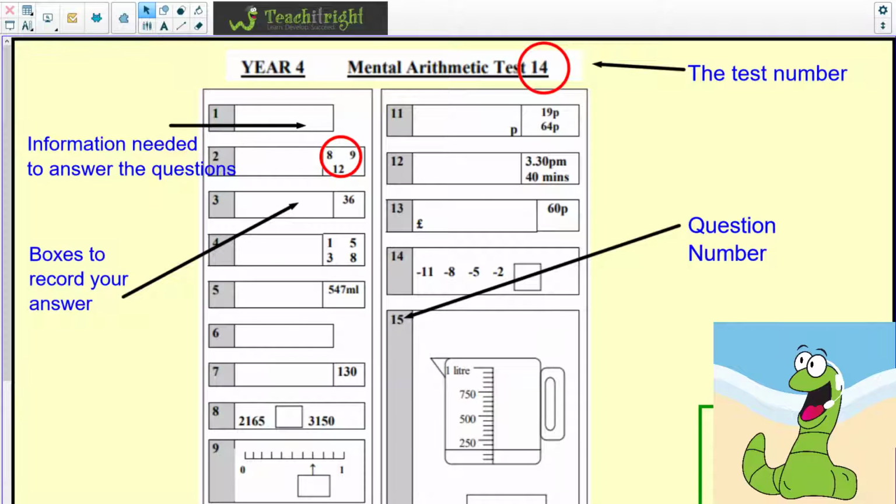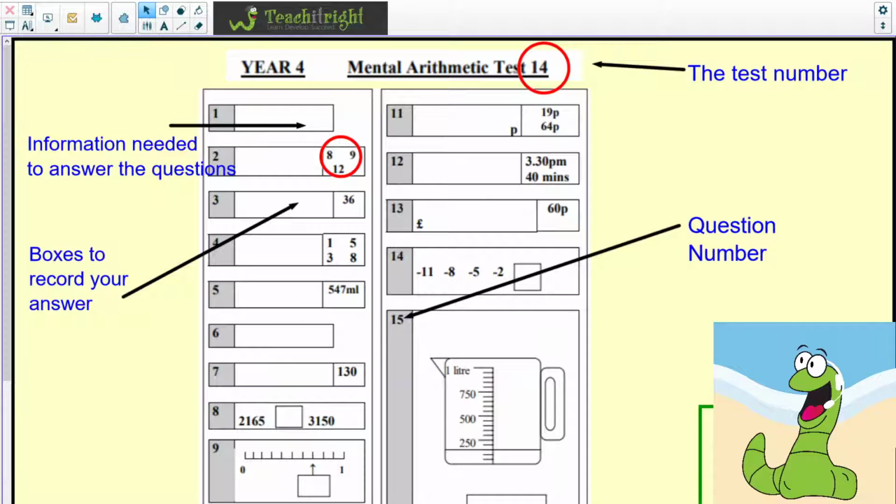Write the correct sign or symbol greater than or less than in the empty box. Question 9. On your sheet is a scale. Write the number shown by the arrow. Question 10. Double 24. Double 24.